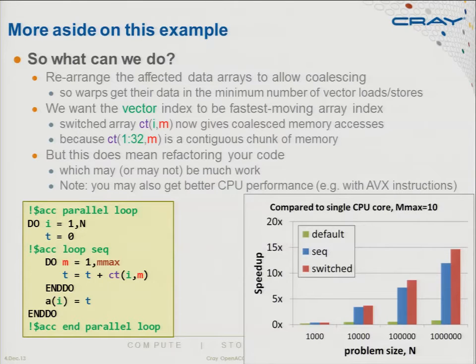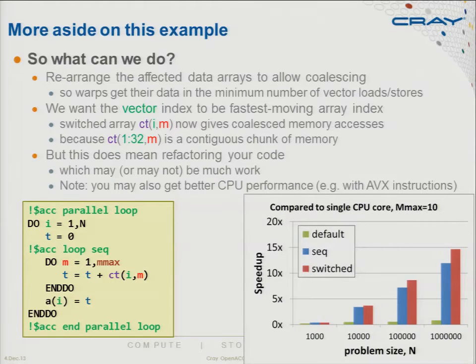So I did some experiments with this code for different values of n, and I ran it with just the default schedule, so it was vectorizing the inner loop that was too small. Then I said, okay, make the inner loop sequential, but the data is now the wrong way round in memory. And then I said, okay, let's transpose this array in my application, which is only a test case, and see what happens.